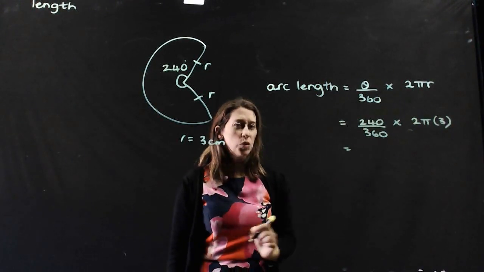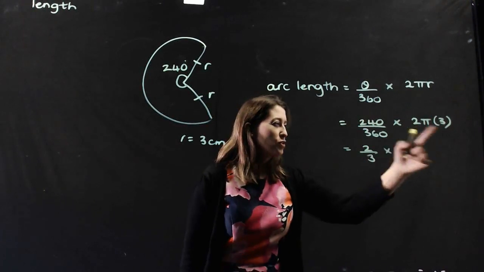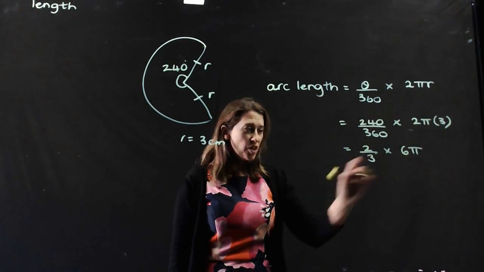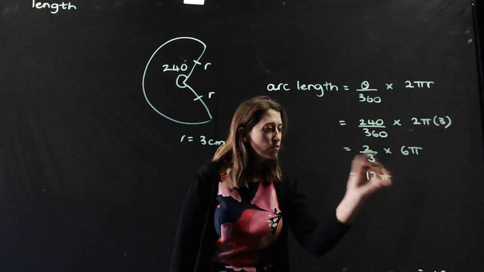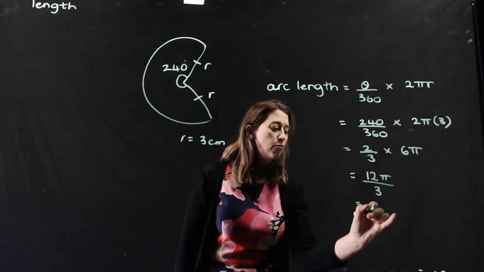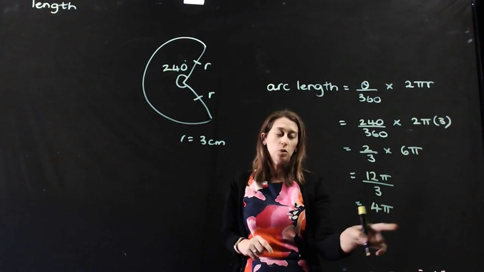Okay, 240 over 360 is 2/3. Multiplied by 2 times the 3 is 6 pi. Times all the numerator together. 2 times 6 is 12 pi divided by 3. And that cancels down nicely to make 4 pi. So my arc length of this sector is 4 pi.